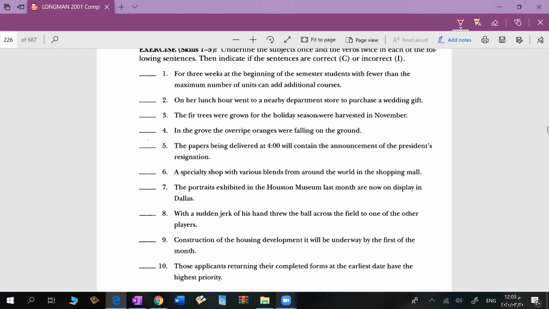Okay. "For 3 weeks at the beginning of the semester, students with fewer than the maximum number of units can add additional courses." What do you think? Correct. Incorrect. Why incorrect? What's wrong with this sentence?